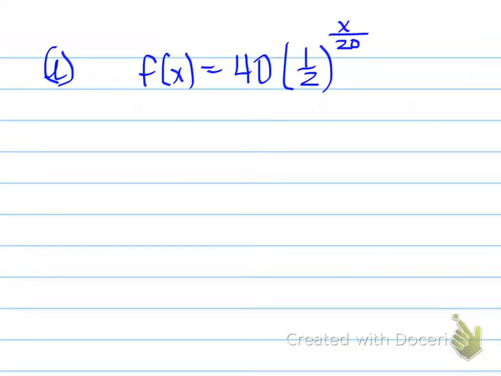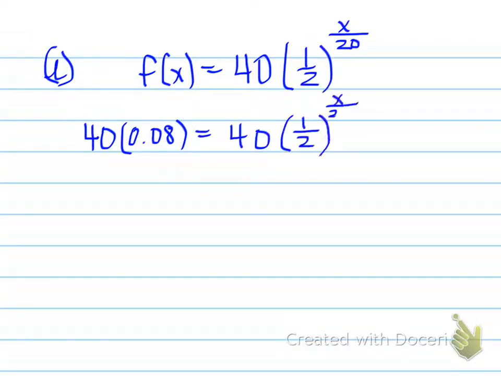So we get f(x) = 40(1/2)^(x/20). Well, this is going to equal 8% of its original value. 8% of its original value is equal to 3.2.